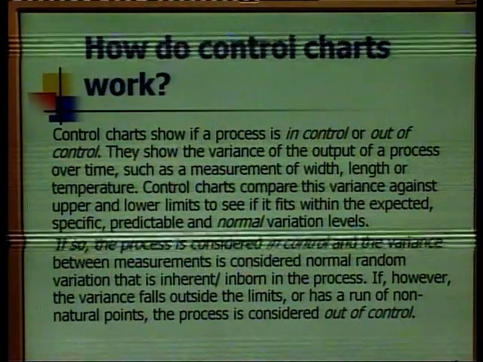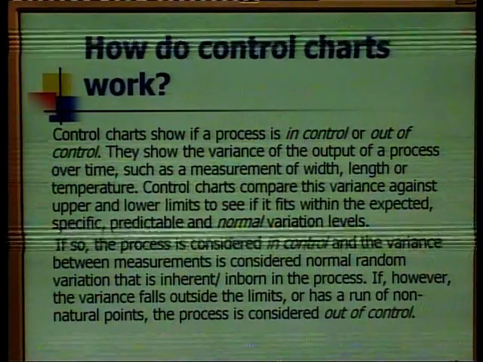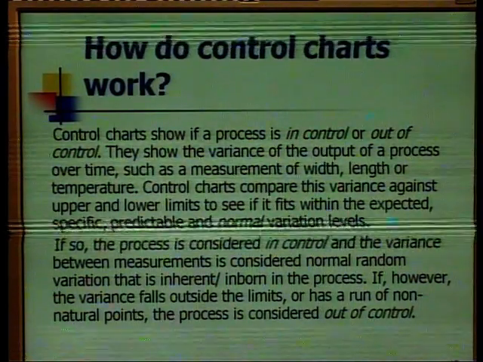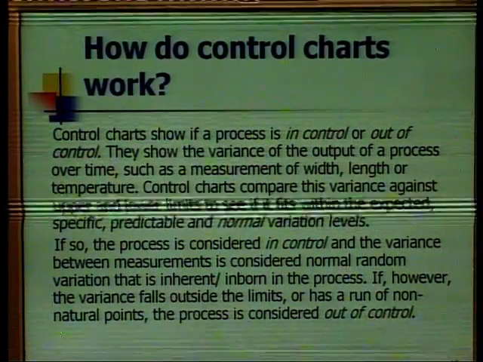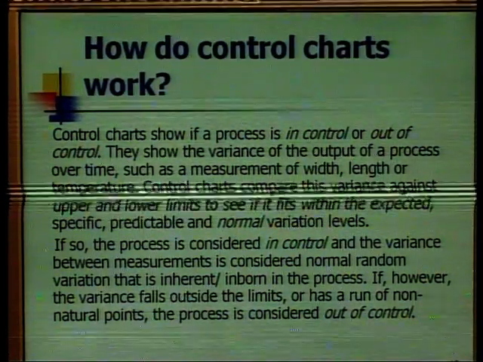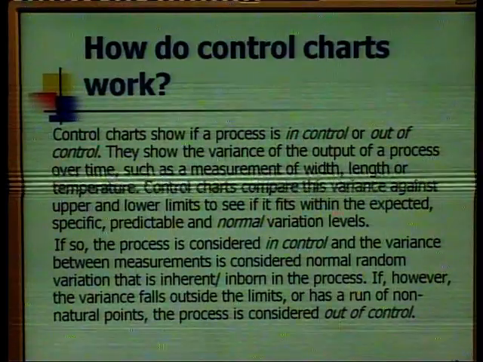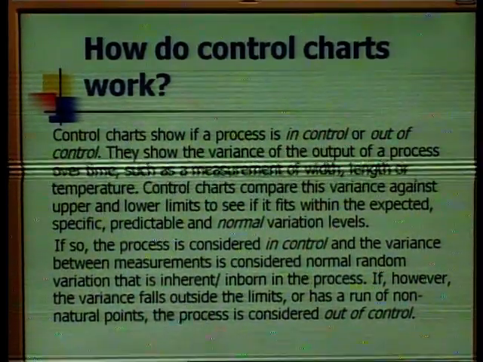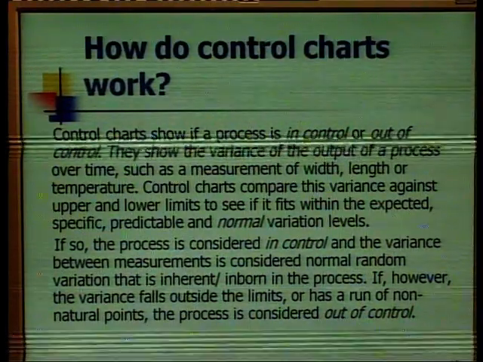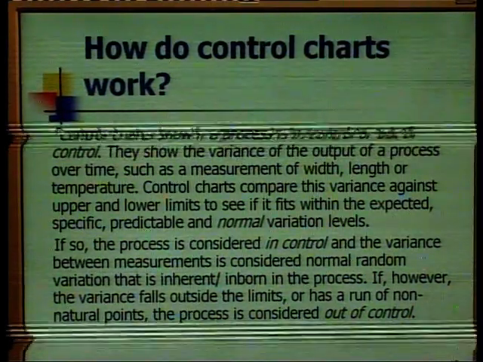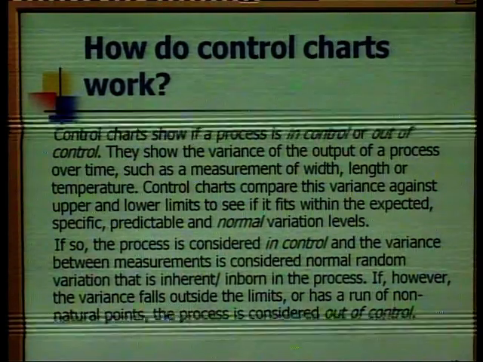Control charts compare this variance against upper and lower control limits, to see if it fits within the expected levels or not. If the data fits within the limits, then the process is in control. If, however, the variance falls outside the limits or has a number of non-natural points, then the process is out of control.